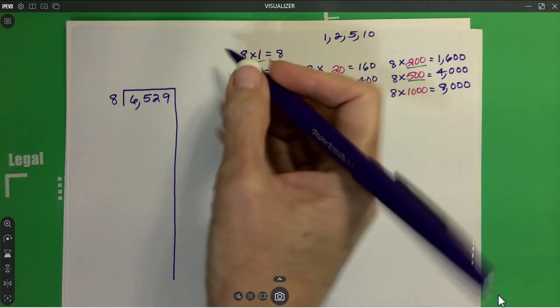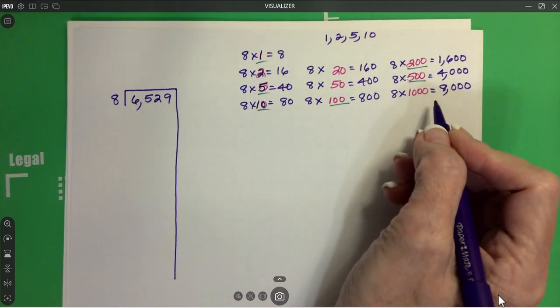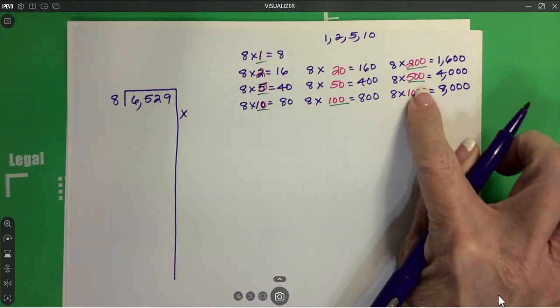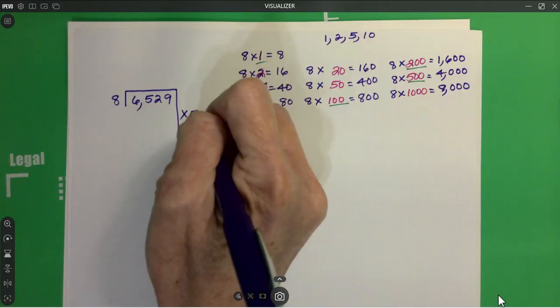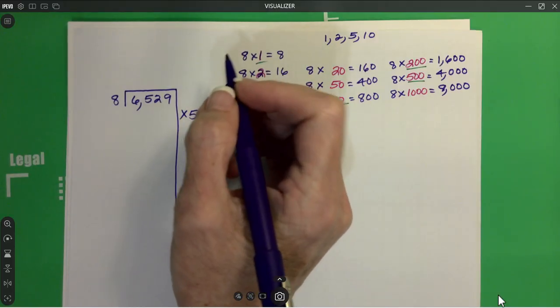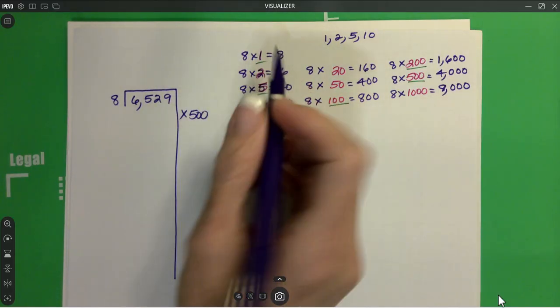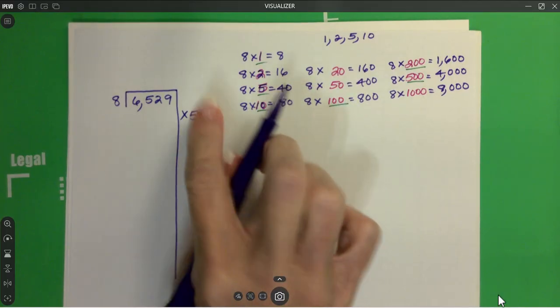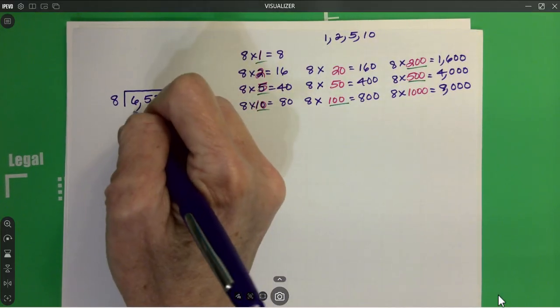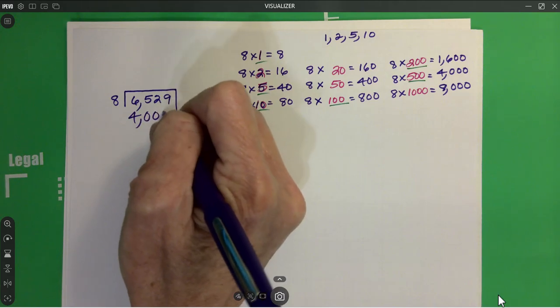I've drawn my vertical line over here. I'm going to multiply times 500. And 500 times 8, I know that 5 times 8 is 40. So 8 times 500 is 4,000.